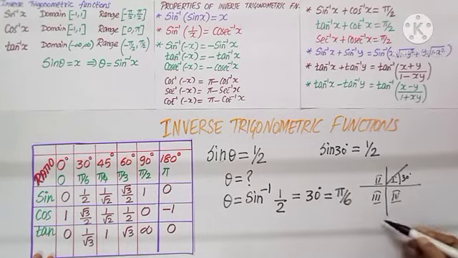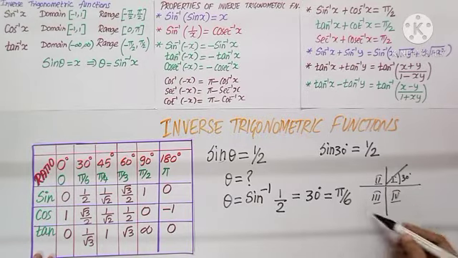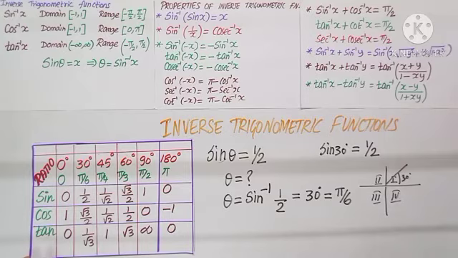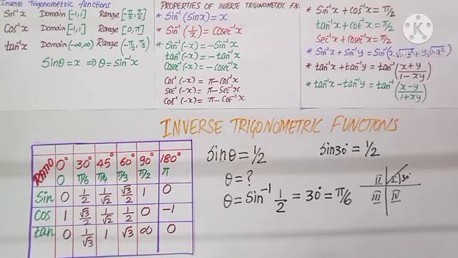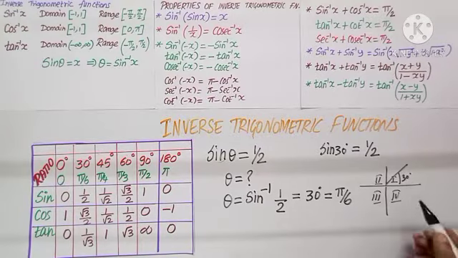Again, if I go one round back to the first quadrant, 360 plus 30 is also half. So we have a variety of answers, not one answer, but the very first answer, that which falls in the first quadrant, I will call the principal value.